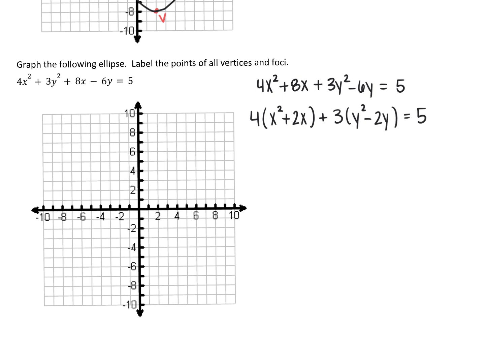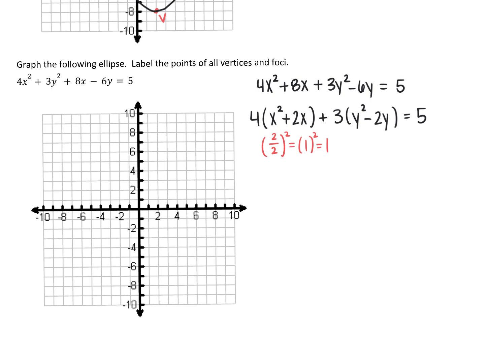Still equal to 5. Now, what's inside the parentheses, I can do completing the square. So remember, you have to add b divided by 2 squared to make it a perfect square. So for the x's, that's 2 divided by 2 squared, which is 1 squared, which is 1.